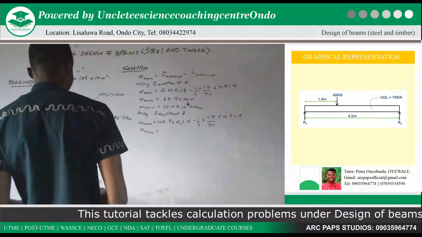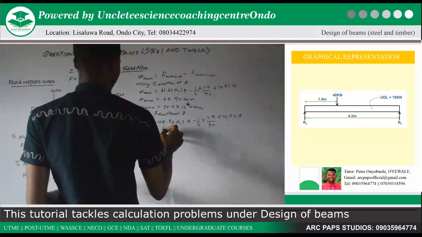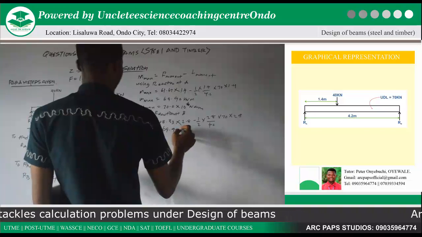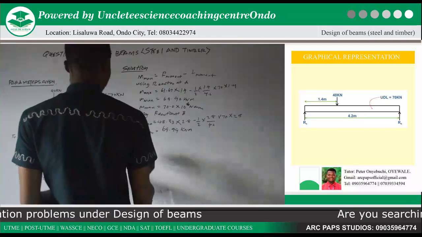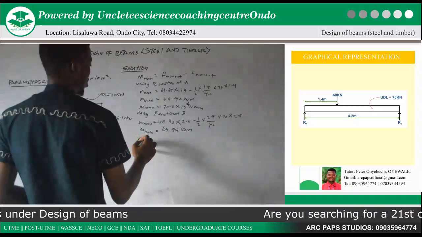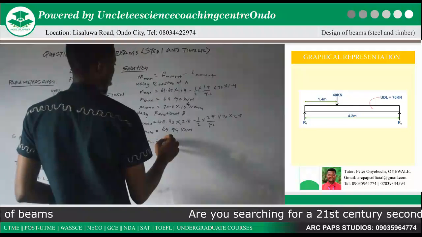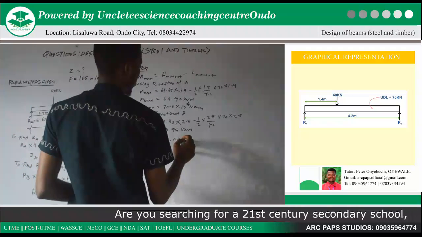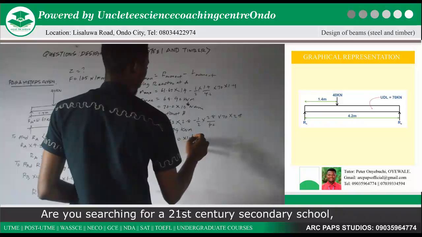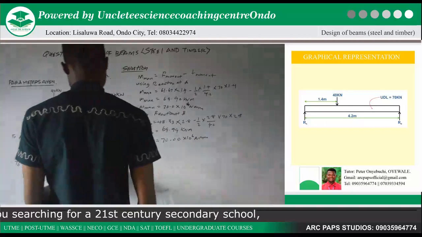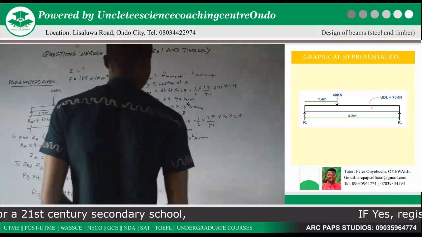Now our Mmax, using your calculator, will still give us 69.99 kilonewton meter. Our Mmax is still approximately 70.0 times 10⁶ Newton millimeter.